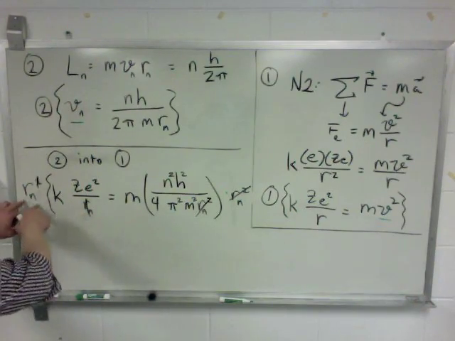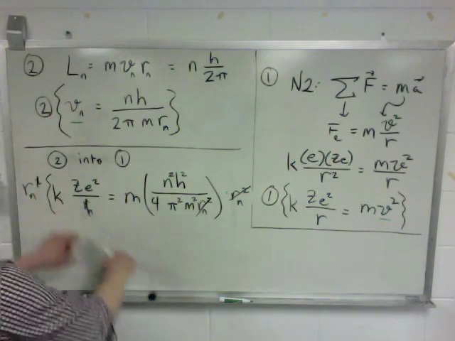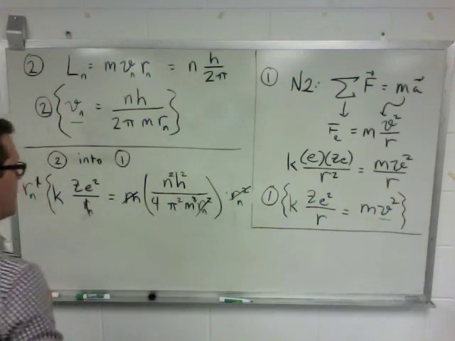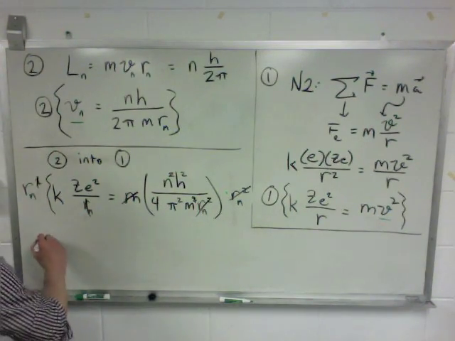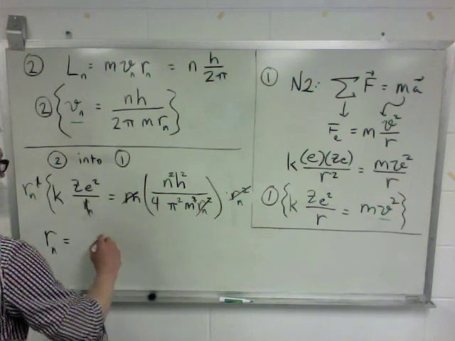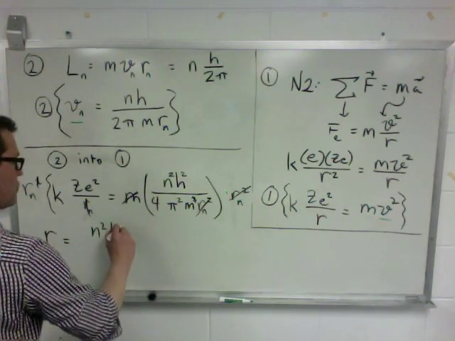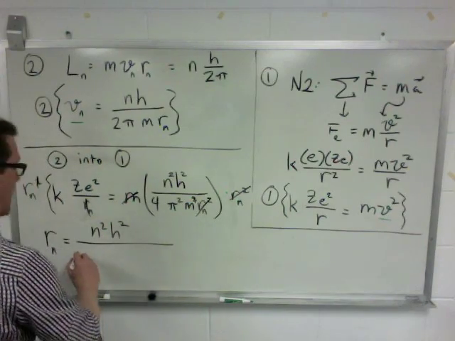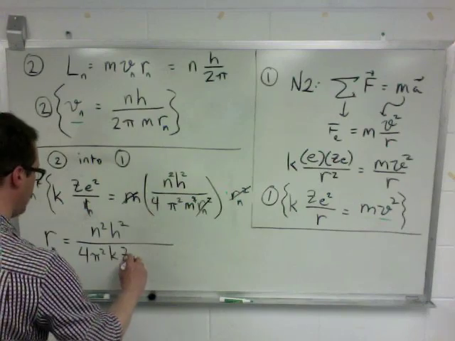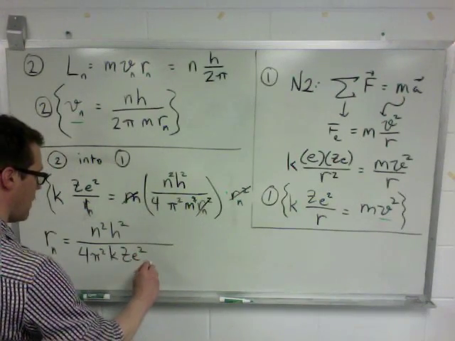Now let me move the k z e squared down to the bottom of the other side. I can cancel one of these m's, and so I'm left with R sub n equals n squared h squared divided by 4 pi squared k z e squared m.